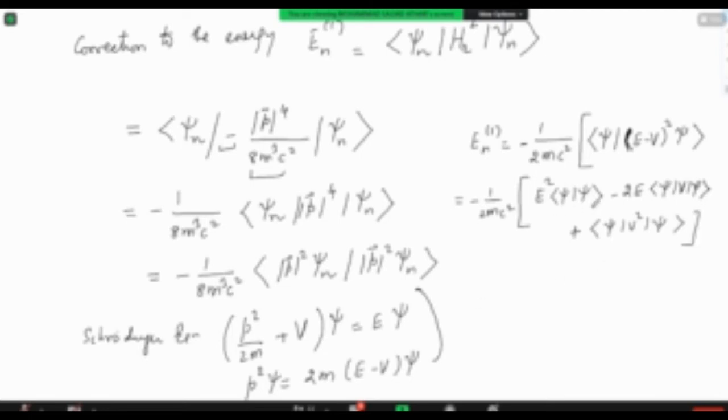And this is a properly normalized wave. Our unperturbed wave functions are always properly normalized. This will be 1, and then this we will write as expectation value of V, and this will be the expectation value of V square. Therefore, this expression is minus 1 by twice m c square, E square minus twice E V plus V square.